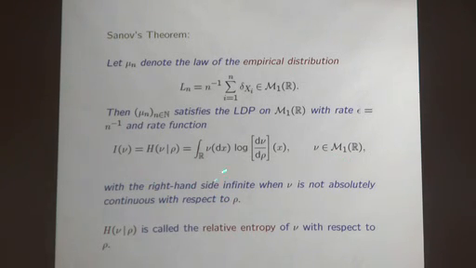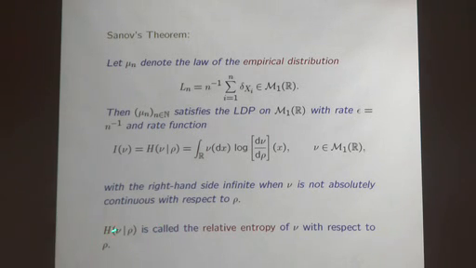So, this quantity here plays an important role in information theory. Relative entropy is a key object. You can think of relative entropy as some kind of measure of the distance between two probability distributions.